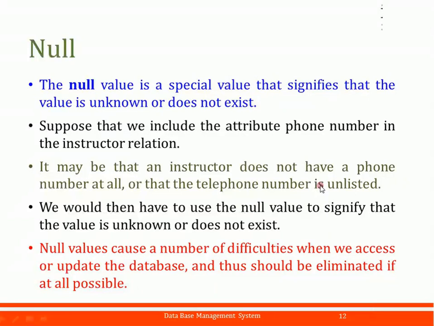He might not have any phone number, or his phone number may not be listed. We would then have to use the null value to signify that the value is unknown or does not exist. So we cannot leave any columns empty. That's why we have to insert a null value to indicate that there is no phone number or the phone number is unlisted. And null values cause a number of difficulties when we access or update the database, and thus they should be eliminated if at all possible.